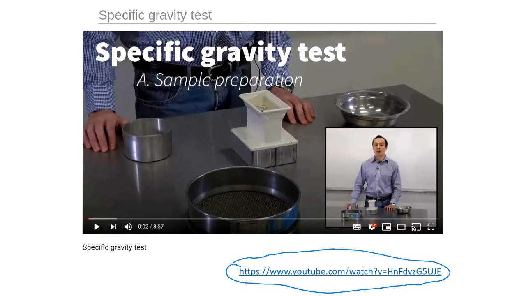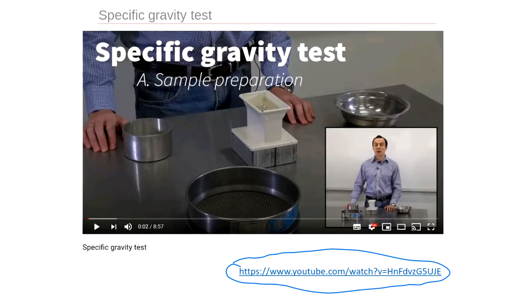When we test the soil, we don't test the whole soil that we collect from the field. We actually need to sieve it, which means that we need to remove the coarse particles like gravel. Before we do the test, we prepare the sample.